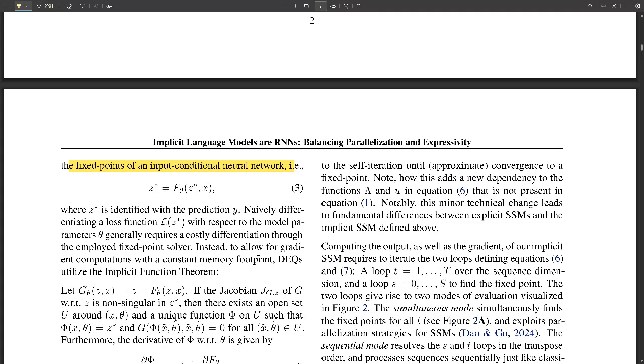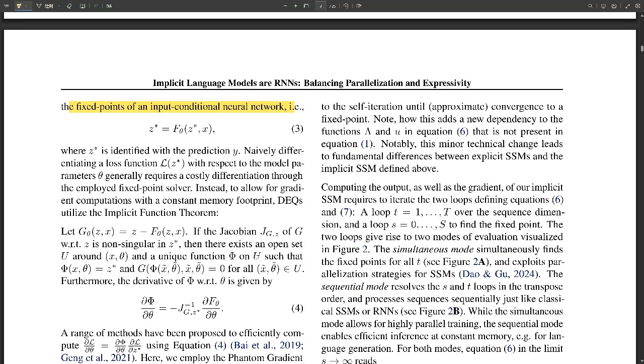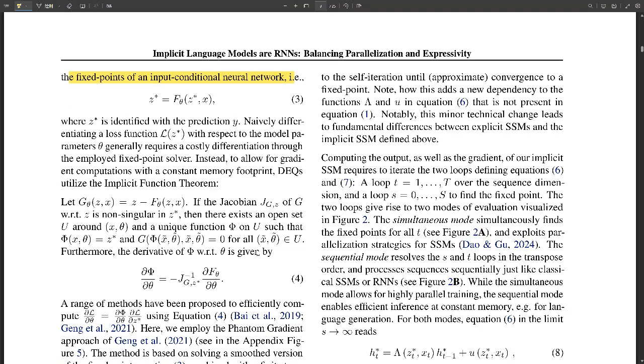One of the things that's really interesting about these models is how they blend two seemingly opposite approaches to processing information. Absolutely. The challenge in language modeling has always been this trade-off between parallelization and expressiveness. On one hand, you want speed, you want efficiency, you want to be able to process information really, really quickly.